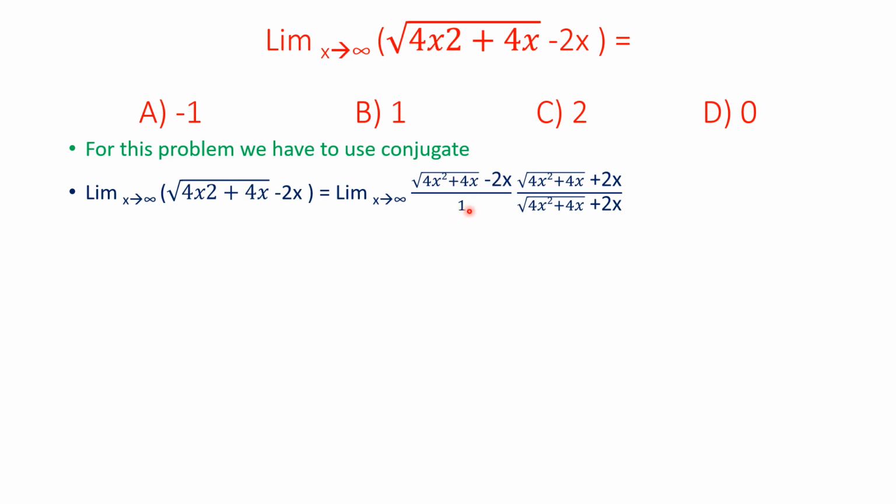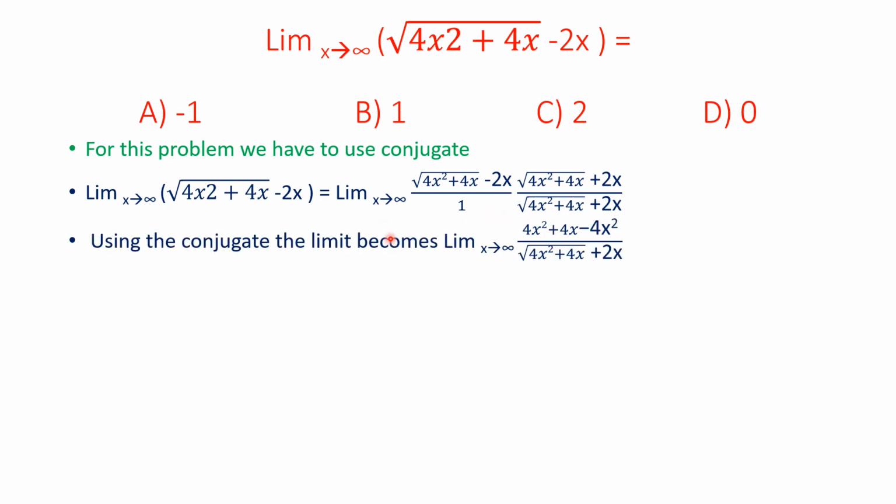But then we multiply the numerator and denominator each by the conjugate. And if we do the math, this is what we will be getting. On the top we get 4x squared plus 4x minus 4x squared. It's very clear that the 4x squared will cancel each other, divided by the conjugate.